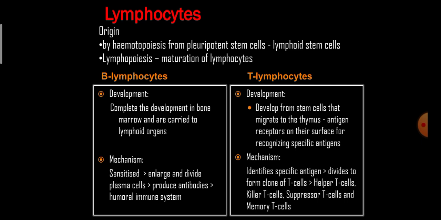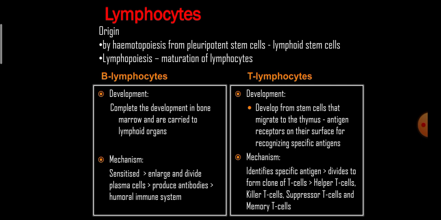Based on the type of antigen it encounters, a clone is produced. I had told that T cells can produce a clone of themselves.